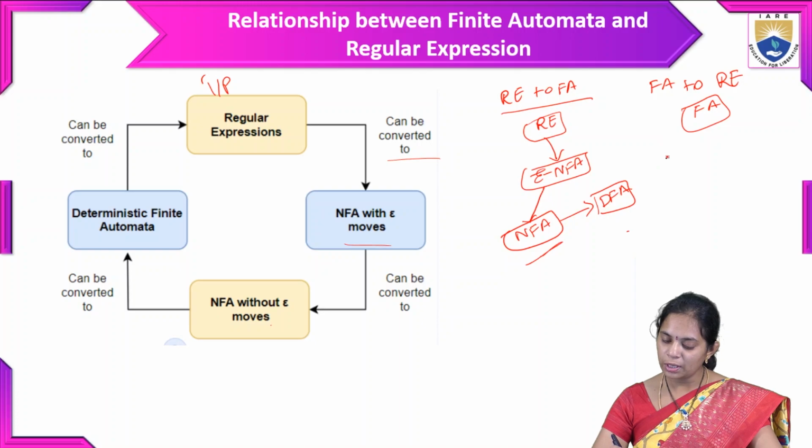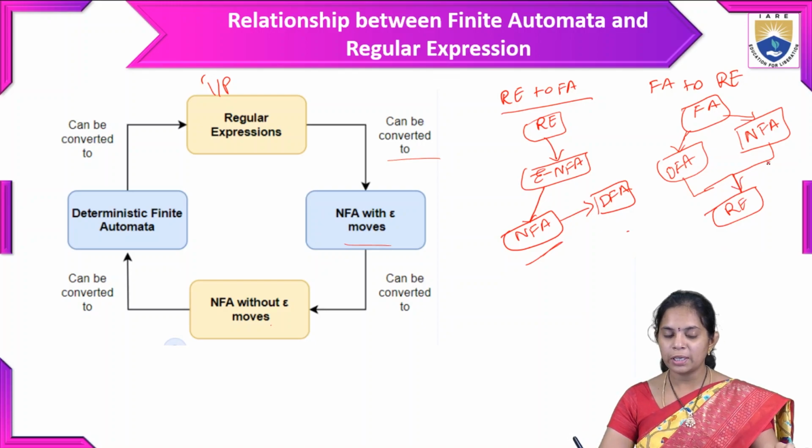We have two types of finite automata, DFA and NFA. So first we need to convert it to either NFA or DFA, and we will combine it together and write it as a regular expression.